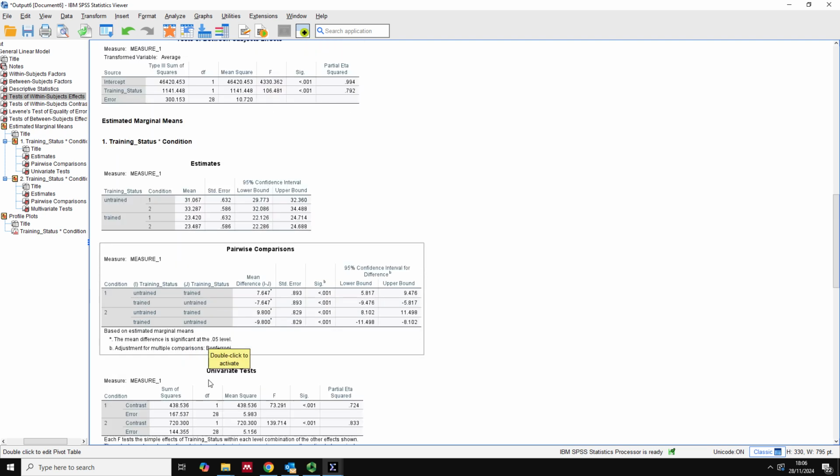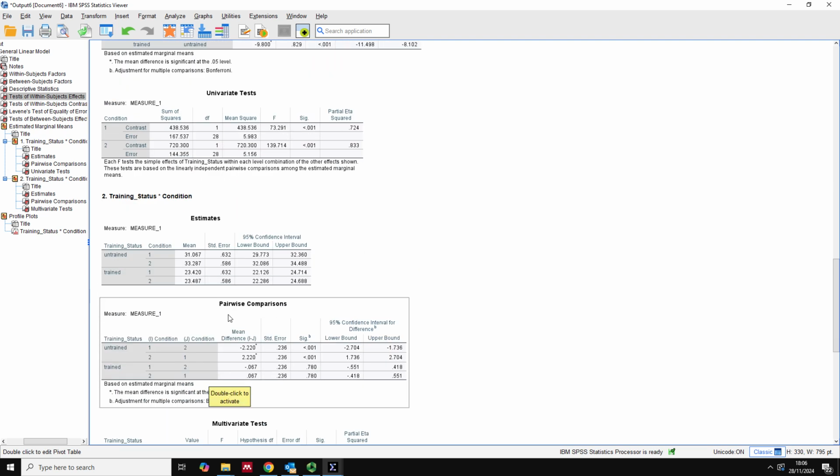If we look at it the other way though, going down to the next pairwise comparisons table, this is comparing, if we look at trained people, how do they respond, or untrained people, how do they respond to the caffeine and placebo condition? We can see that there's a significant difference there.